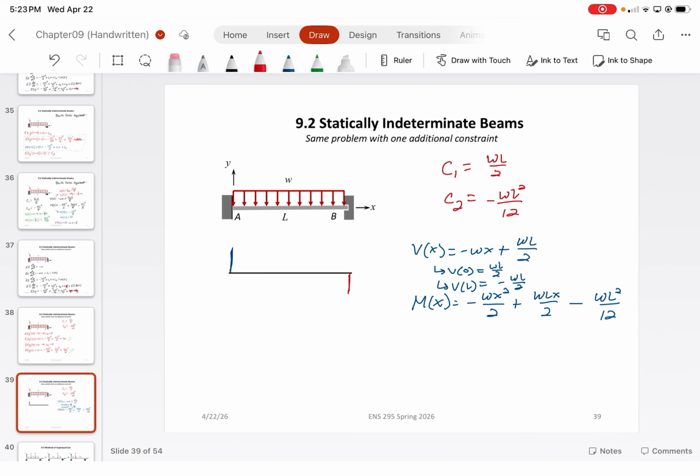And then at point B is negative wL over 2, so it's down. And then you just connect the 2 points. Positive, negative. And then obviously, because it's symmetric, we know that this is at x equals L over 2.